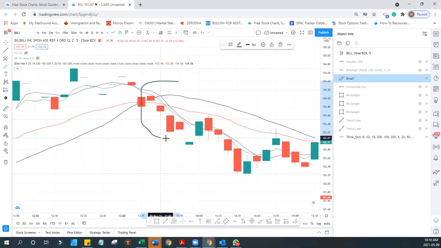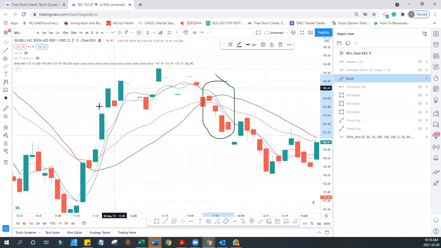Red reacted faster, which is EMA, whereas the black, which is the simple moving average, acted late. It gave the signal late. Why? Because the EMA gives more preference to the last prices than to all the prices together.